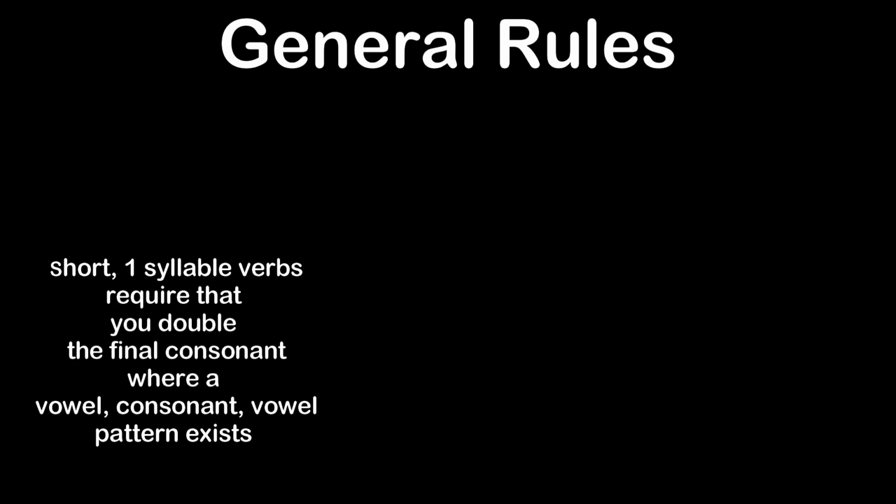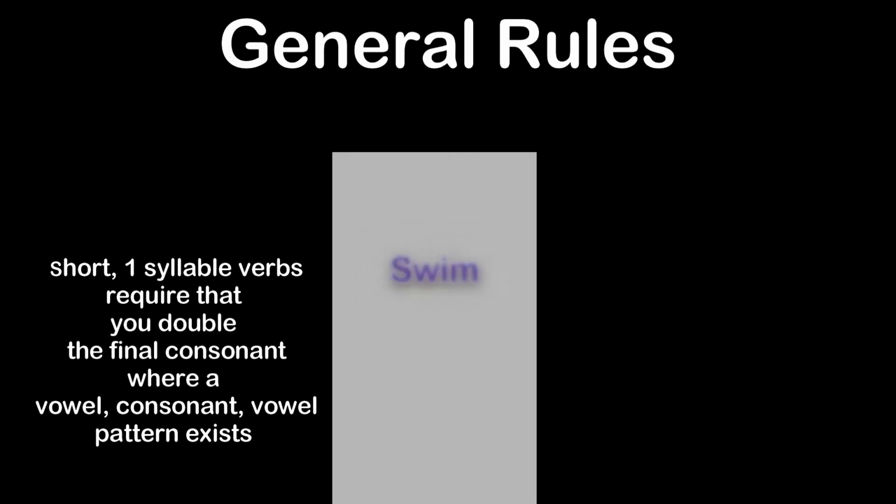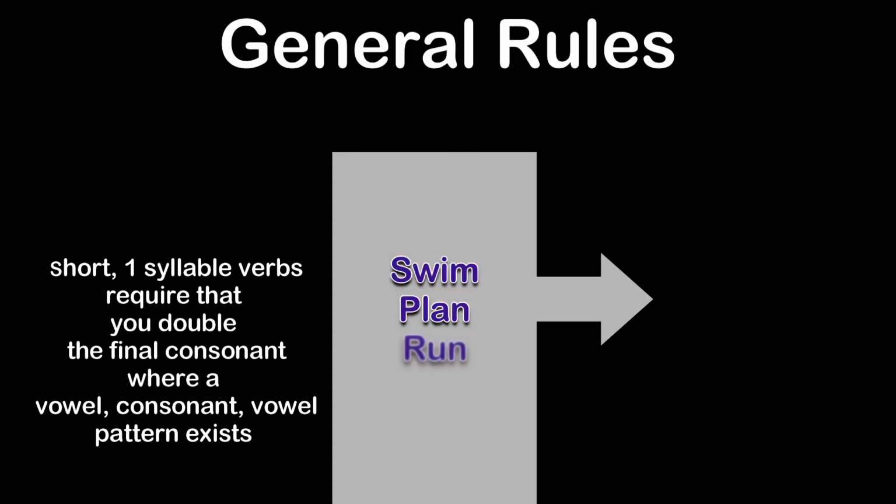Okay, so we double the final consonant in some circumstances. So, where there is a one-syllable verb, we require that you double the final consonant where a vowel consonant vowel pattern exists. Let's look at these examples.